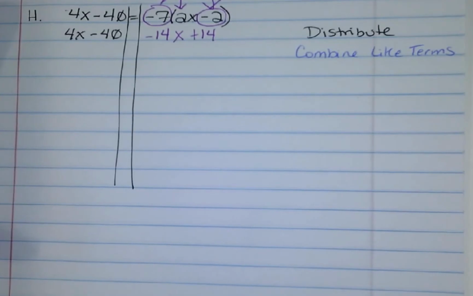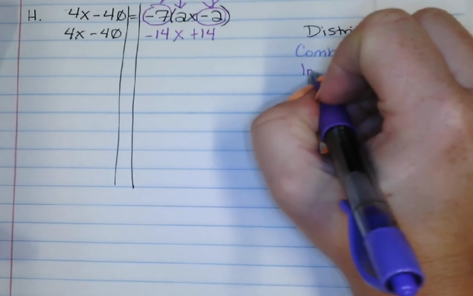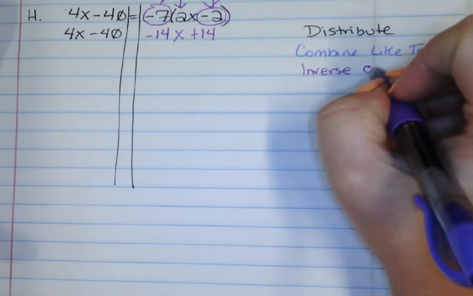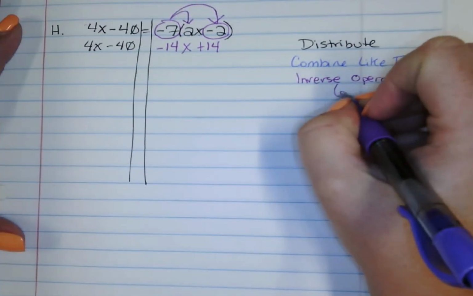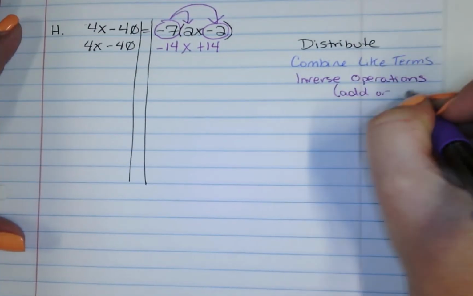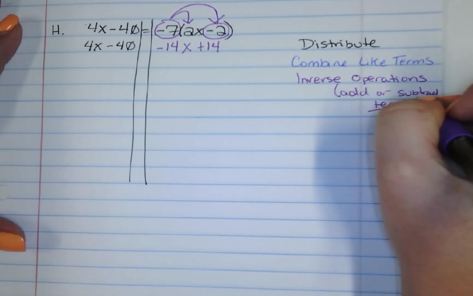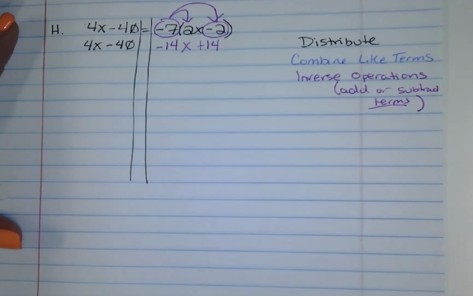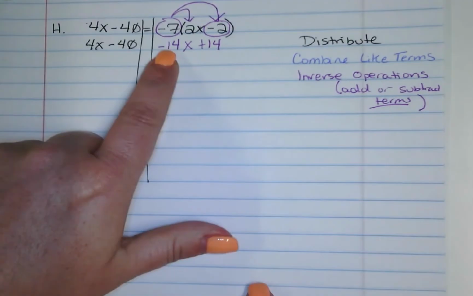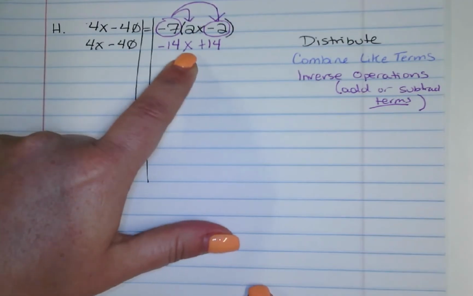So I'm going to move on to my next step, which is inverse operations. I'm going to add or subtract terms. Now remember, terms include a coefficient and a variable or a constant.